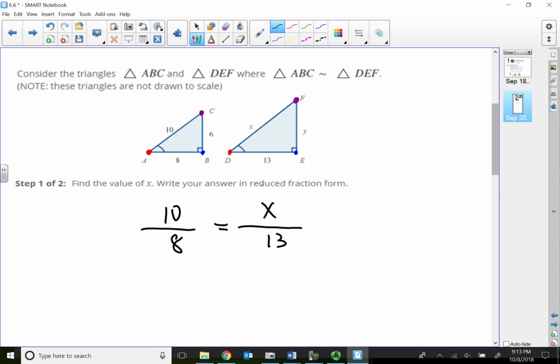So I'm just going to do my little cross product and write my answer in reduced fraction form.